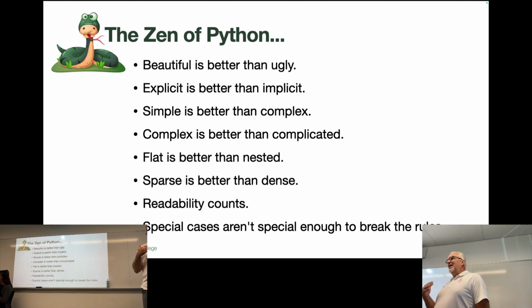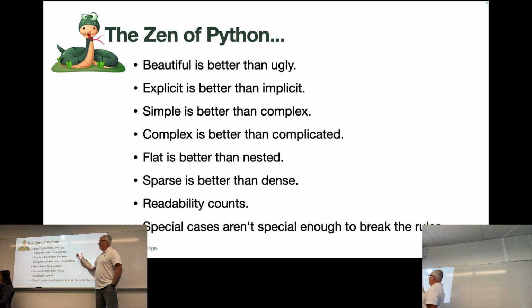They don't really necessarily make a lot of sense until you start using the language. But we will talk a lot about these principles as we build programs, because they're really true. Like, beautiful is better than ugly. Maybe you're saying, well, how does that apply to code? I've seen code before. It all seems kind of ugly to me. As you learn more about writing code and learn what good code looks like, this will make sense to you.